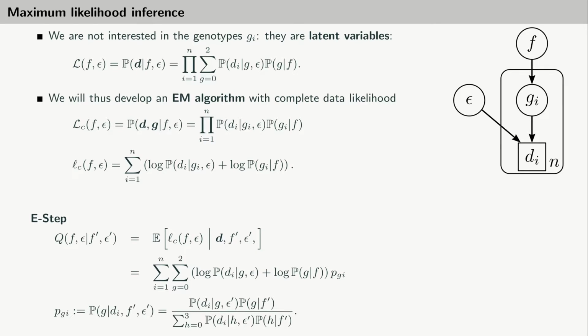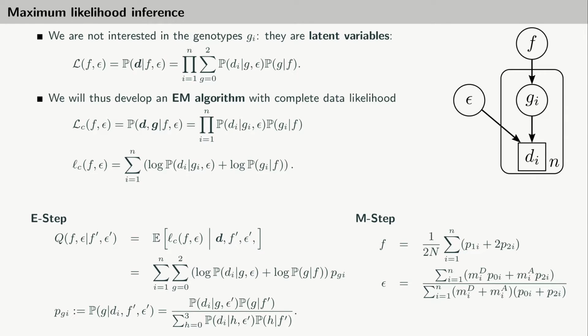These weights themselves are obtained simply from the model using Bayes' formula. They consist of the probability of the data given a particular genotype times the probability of that genotype given f', divided by the normalization across all possible genotypes.